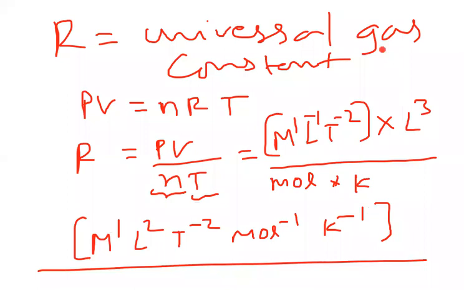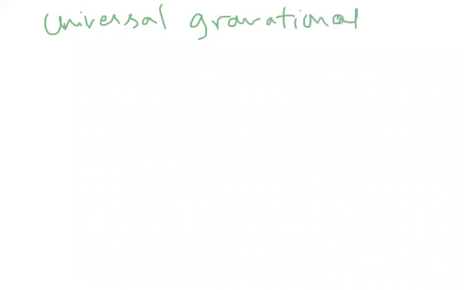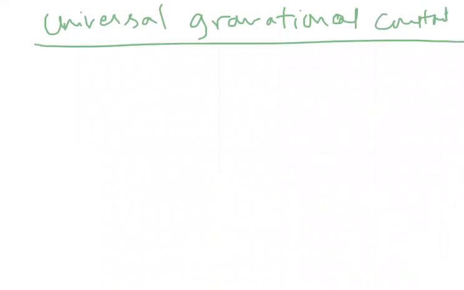So okay, universal gas constant. And somebody is asking me about the universal gravitational constant. Okay, you told about universal gas constant, what about universal gravitational constant? I have to know a formula connected to it.